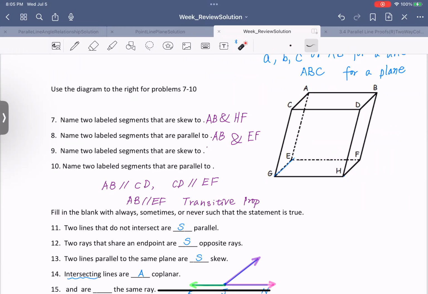Next, let me call Steven. Number 9. CD and HF. Very good. Number 10.